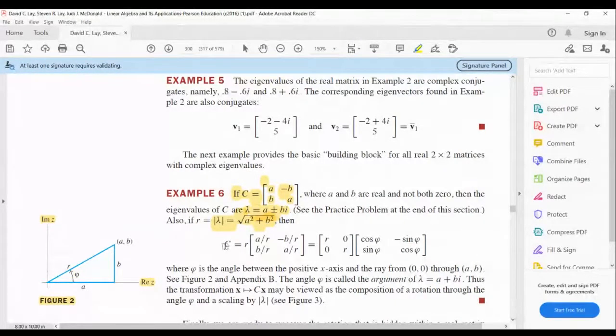But you see, what you can do then is you can write the matrix C this way. You can write it as r times that matrix there, where you have A over r, negative B over r, B over r, and A over r.